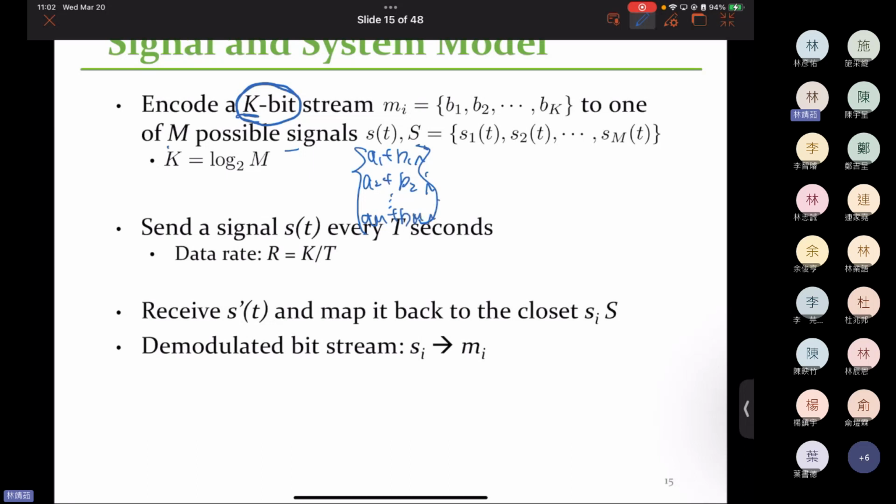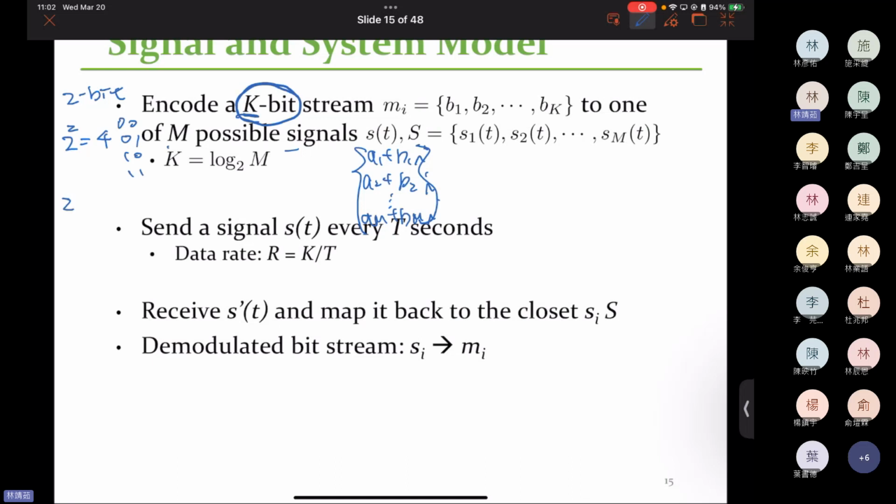Okay, so remember, if you have k bits, that means you have 2 to the k different bit strings, right? For example, if you have 2 bits, you have 2 to the 2 bit patterns, which is 4: 00, 01, 10, 11.